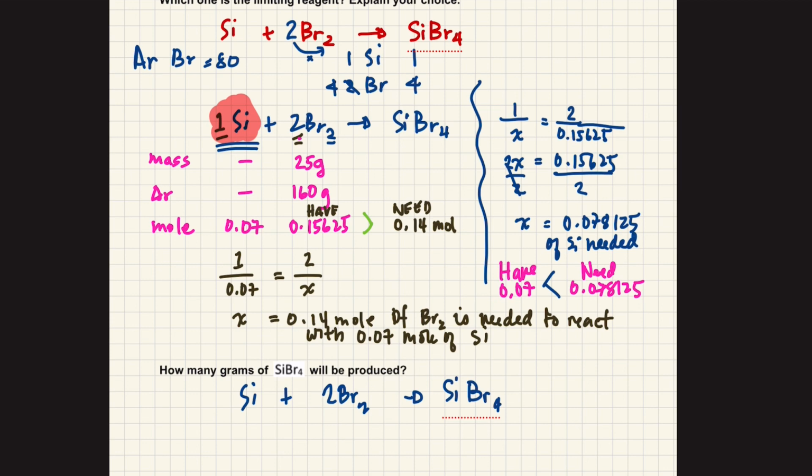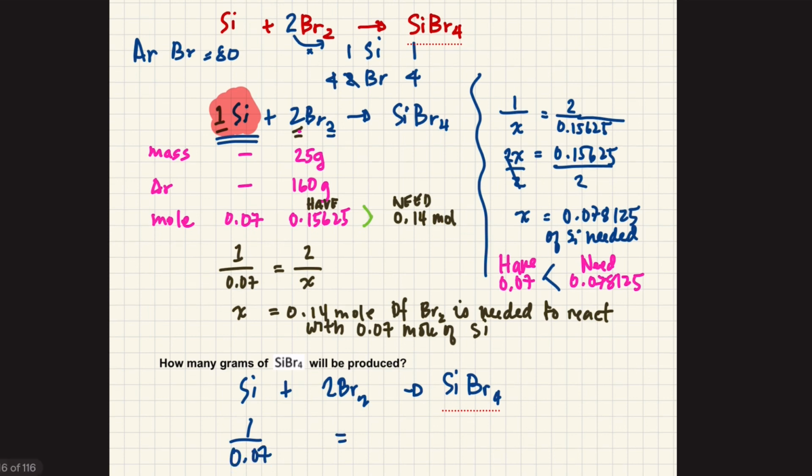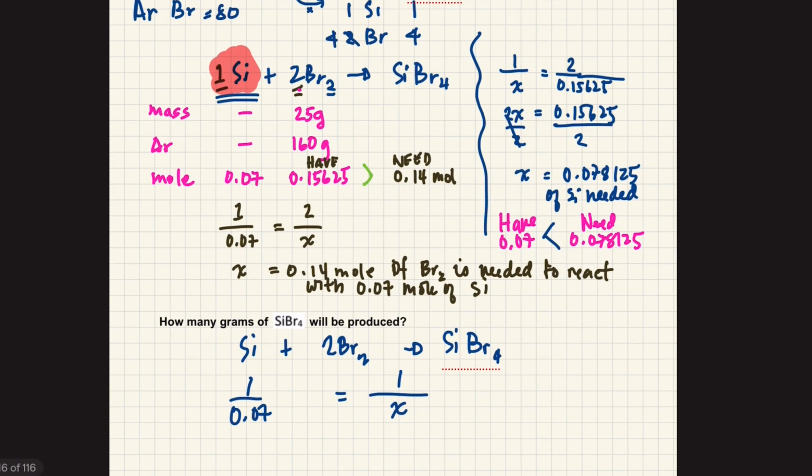So let's do that. 1 over 0.07 will give us 1 over x. We need to calculate the number of moles. Once you know the number of moles, then we can calculate the number of grams, the mass. So this one shows cross multiply, if you remember that. X is equal to 0.07 mole.